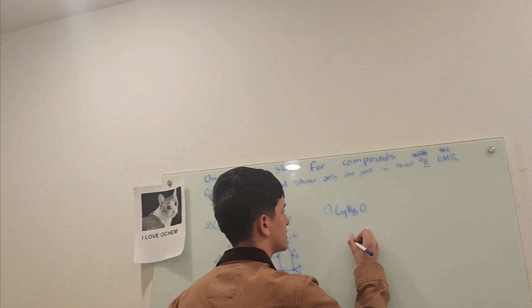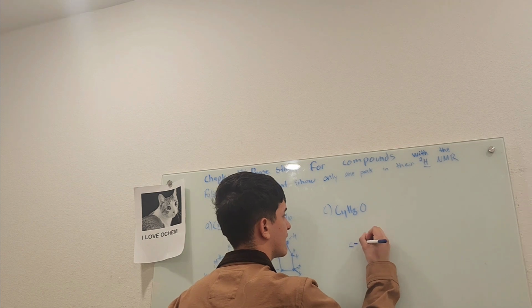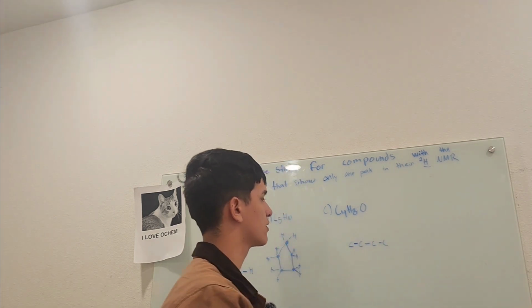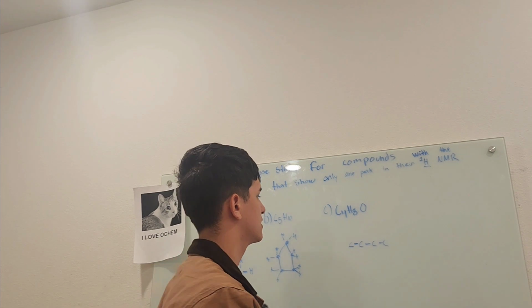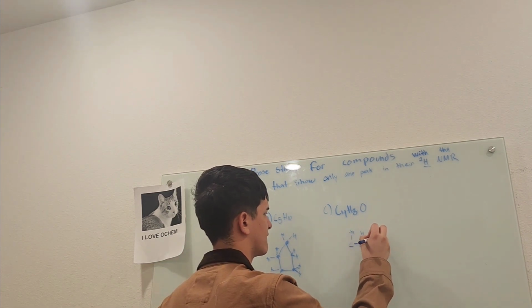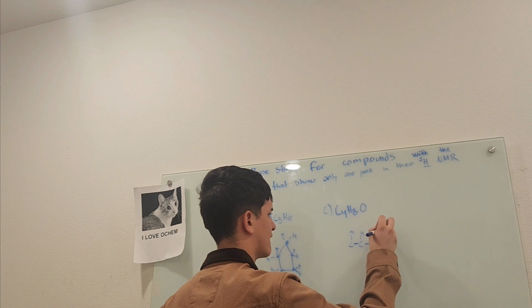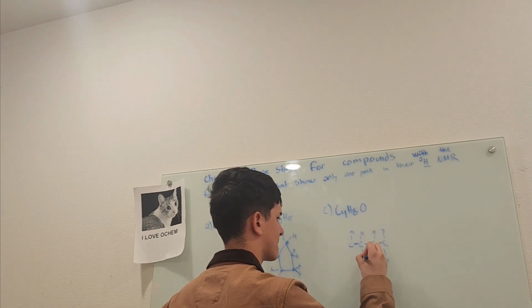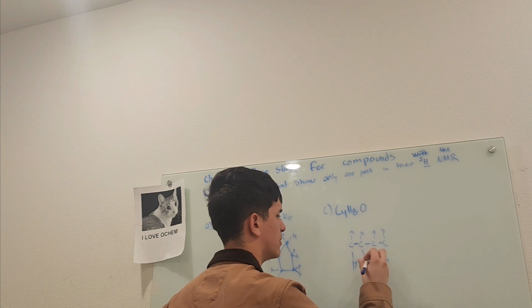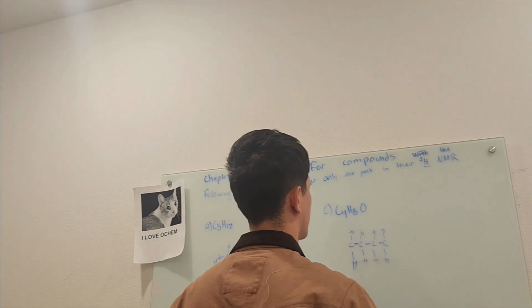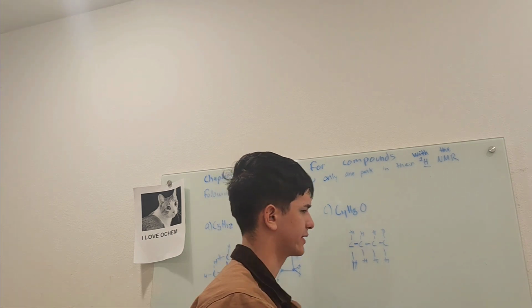Let's try something. These are really hit and miss, right? So we have 4 carbons, 8 hydrogens, right? But it doesn't matter where we put the oxygen because the hydrogens will be different.